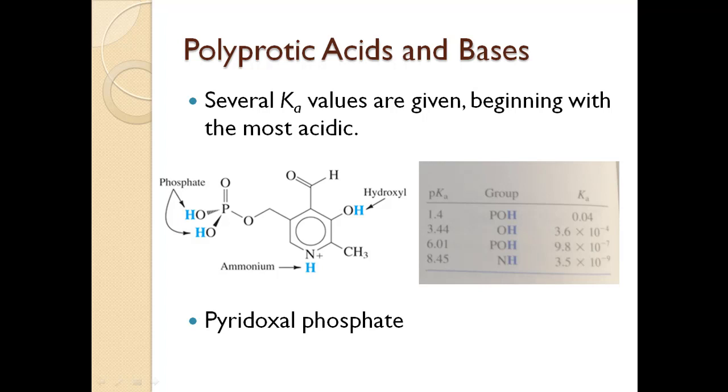The third most acidic is going to be back to the phosphate group over here, and that's 6.01. And then the last one, the least acidic one, is the one next to the ammonium group, which has a pKa of 8.45.